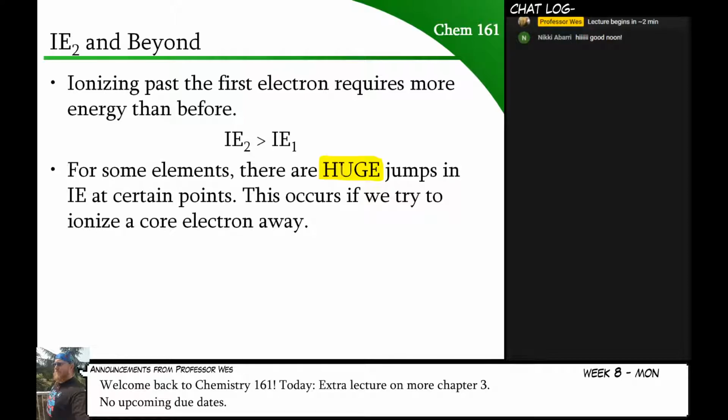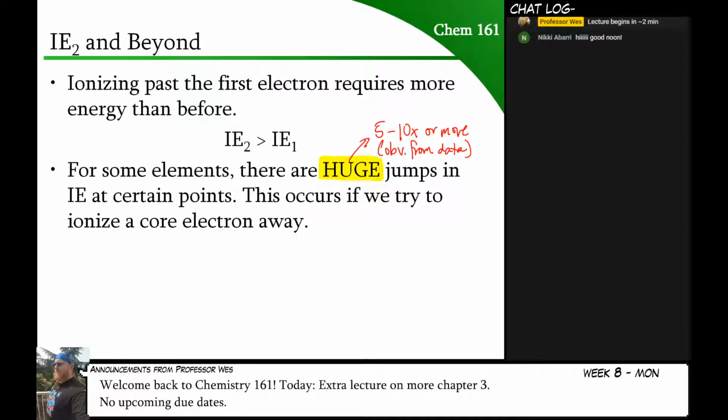But what do I mean by huge here? What I mean by huge is by a large factor of like 5 to 10 times or more. It should be pretty obvious when you look at the data. So we'll write that in there.